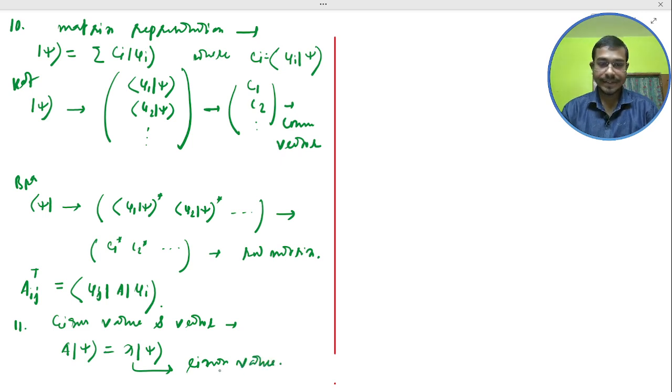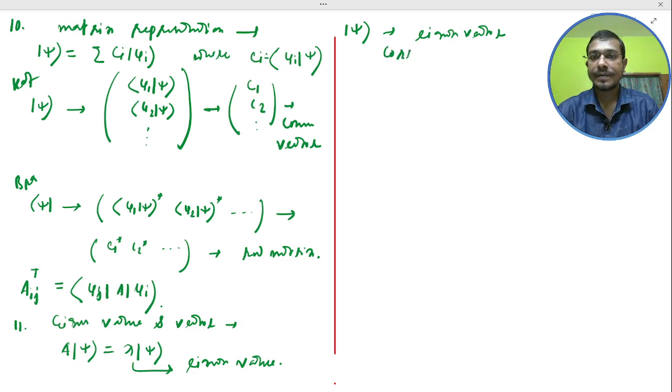And the ket psi is called the eigenvector corresponding to lambda i of an operator. Okay, this is the definition of the eigenvalue and the eigenvector.